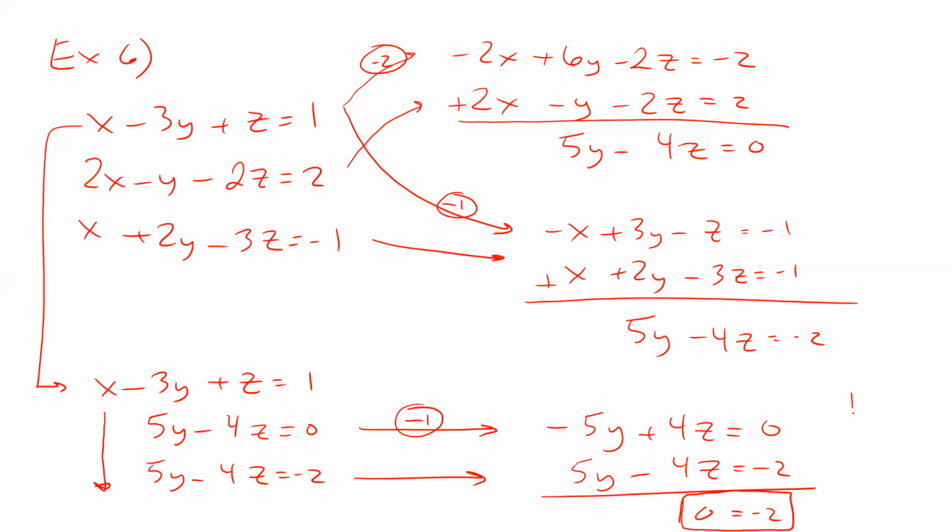And we say no solution. It is impossible. The two equations were 5y minus 4z equals 0 and 5y minus 4z equals -2, and we have stopped there.